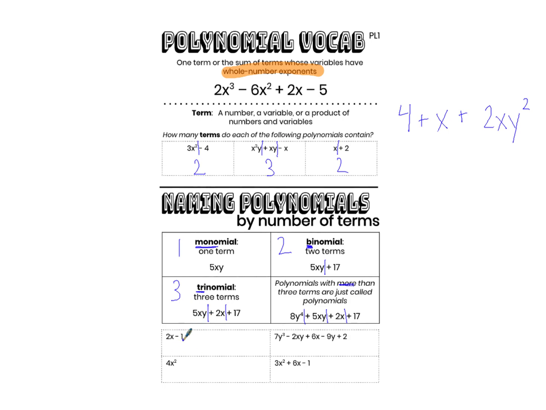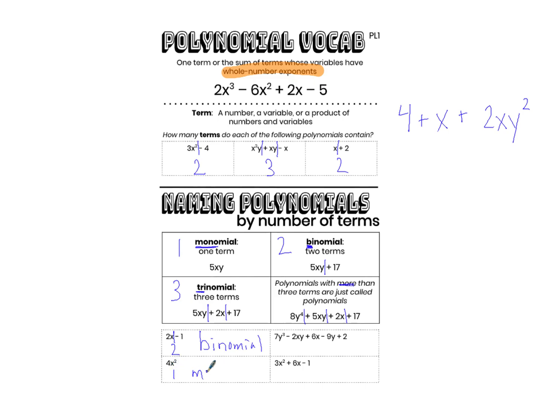You can pause this and try to name them by yourself, and then I'm going to go ahead and go through those answers. This first polynomial has two terms. When there are two terms, we call that a binomial. This one only has one term.